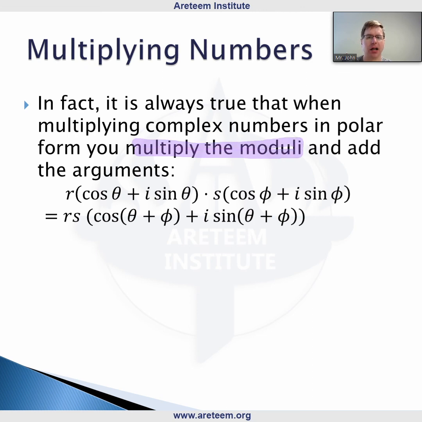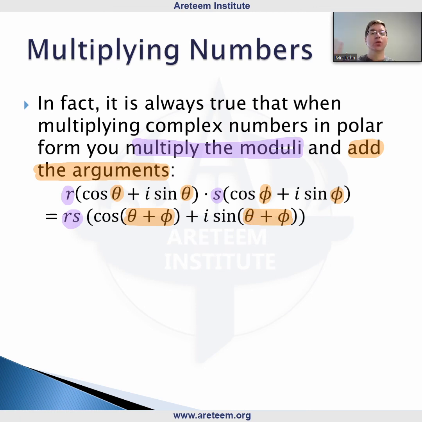So if we look at our two numbers, r times cosine of theta plus I sine theta, times s times cosine of phi plus I sine phi, we multiply those moduli together, and then we add the arguments. So we add those angles together, theta and phi, in this case. Our final result of multiplying these is adding them together.